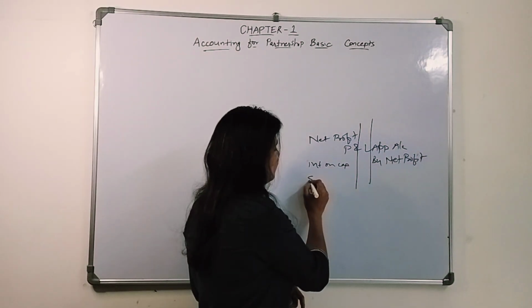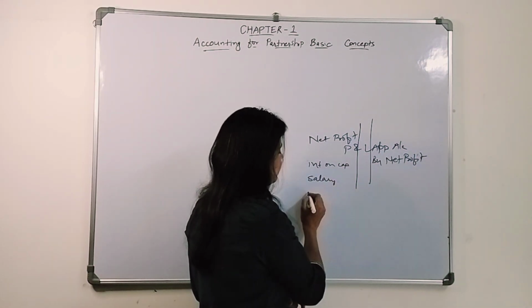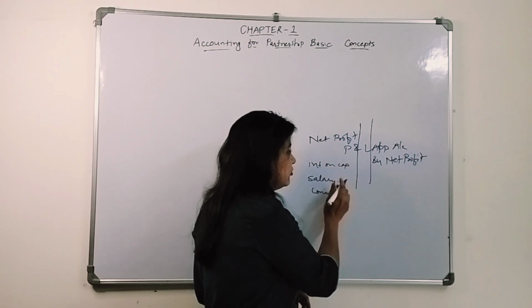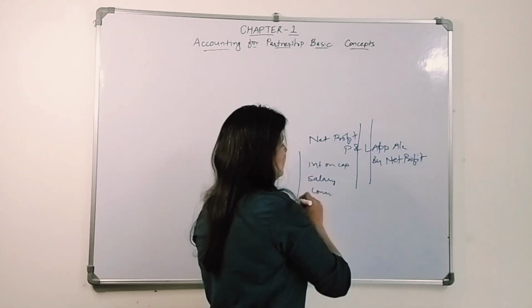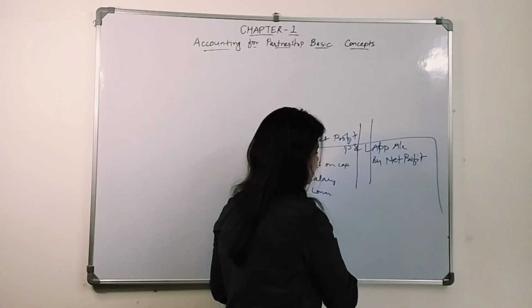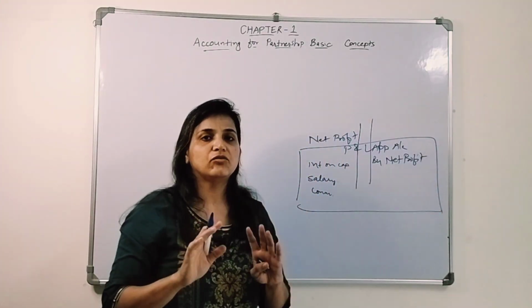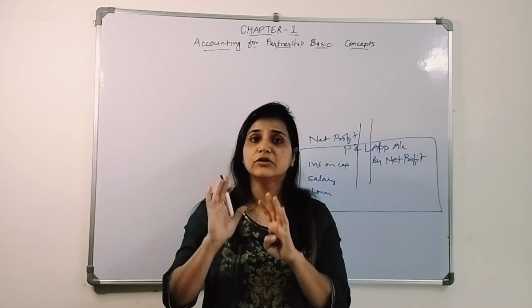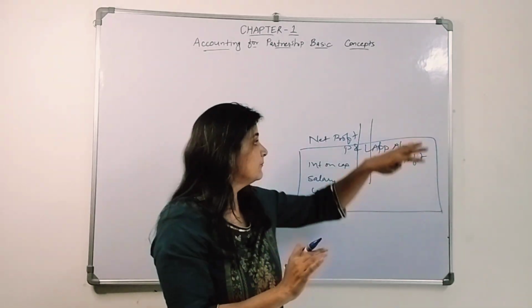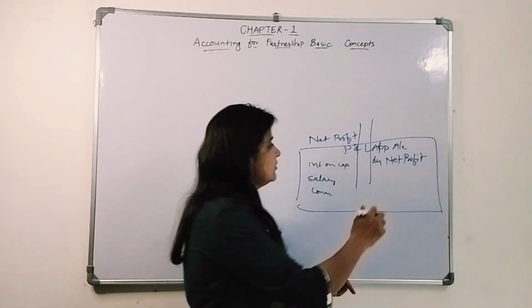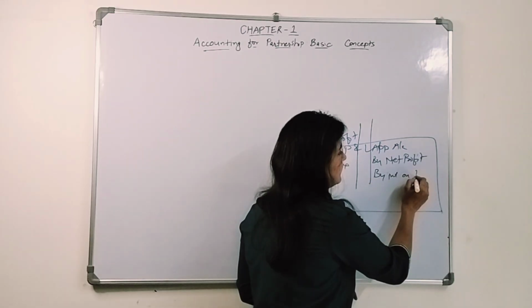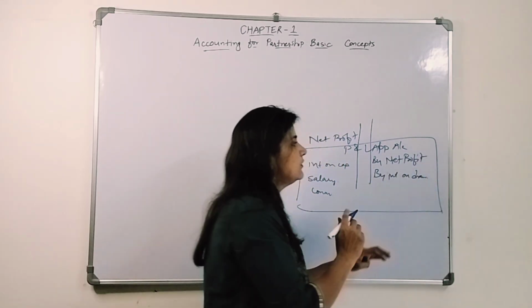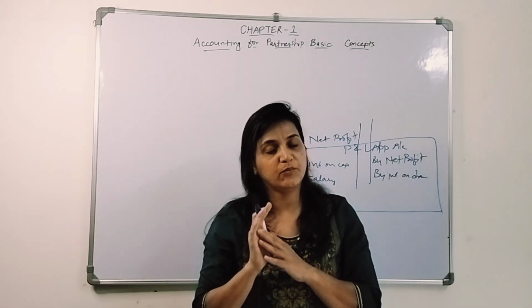If we have to give salary, commission or any kind of remuneration, how much we are giving to the partners, this belongs in this profit and loss appropriation account. In this we will show only and only transactions related to the partners. Nobody else. So salary, commission, if we are charging any interest on drawings, how much interest on drawings there is, all these things will be mentioned in profit and loss appropriation account.